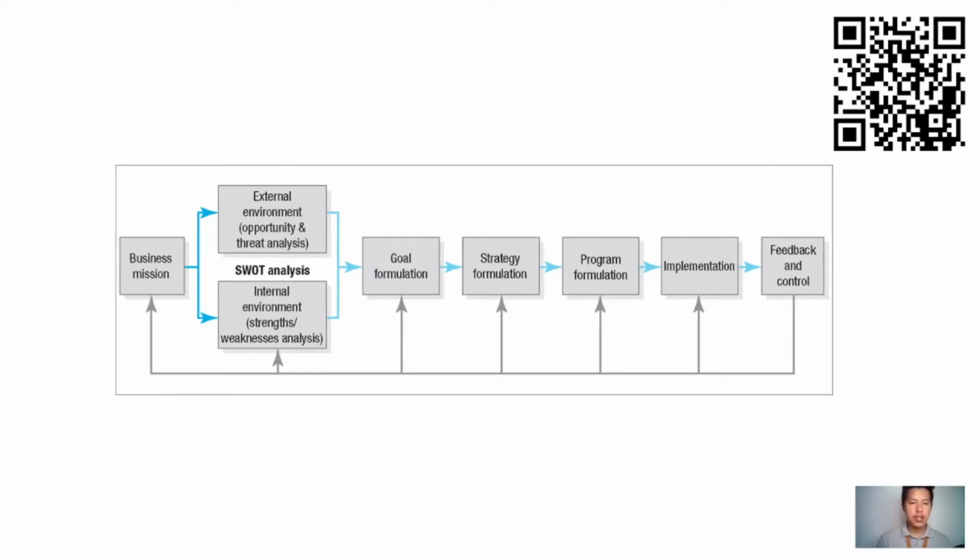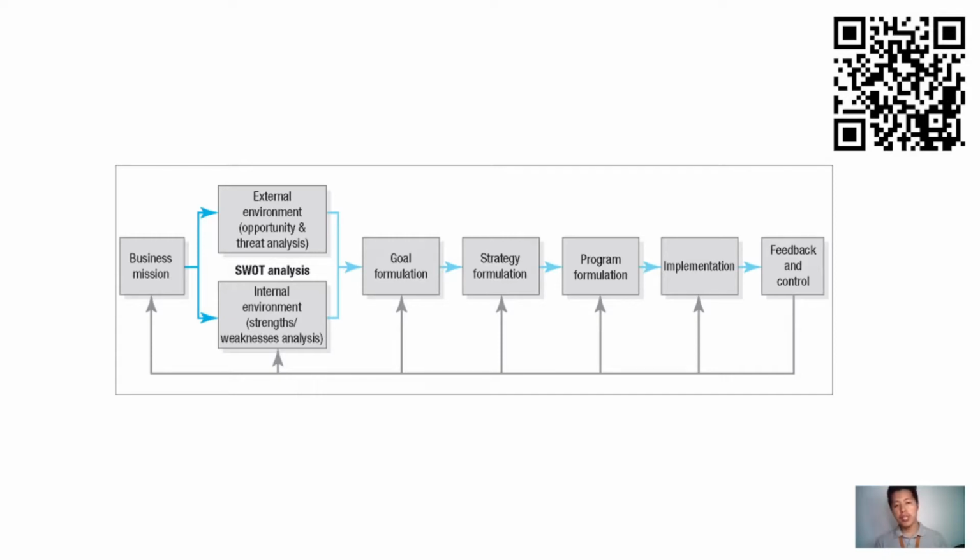Of course, we start with the business mission, and we already know what a mission is and how to craft a mission. Then we conduct what we call a SWOT analysis or a PESTEL analysis, which talks about the external environment. With respect to SWOT analysis, we talk about the specific internal and external environment.